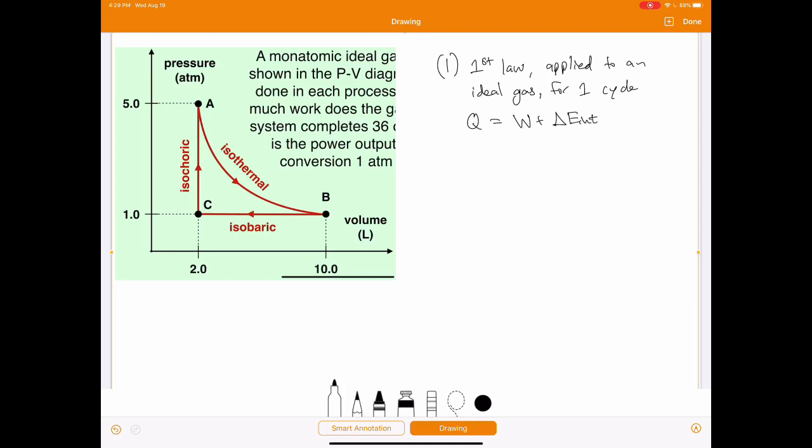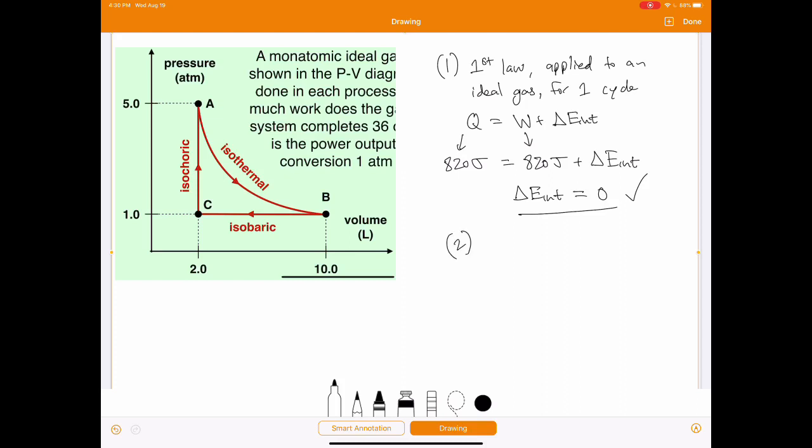We know that the heat is 820 joules for one full cycle, and also the work is 820 joules for one full cycle. So we have plus delta E internal at the end there, but it should be clear that delta E internal is 0, meaning if we follow the system for one full cycle and return to where we started, there's no overall change in internal energy.